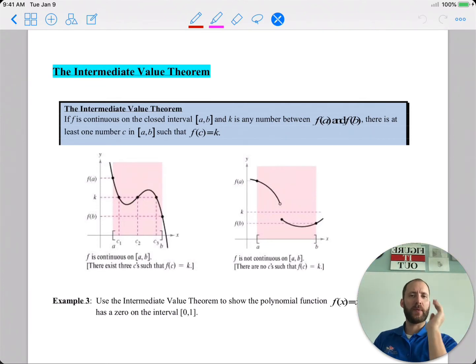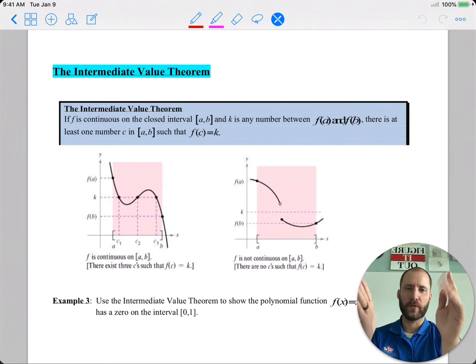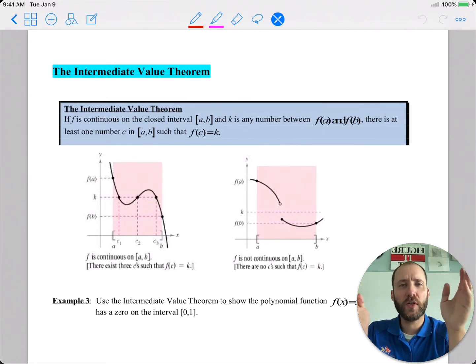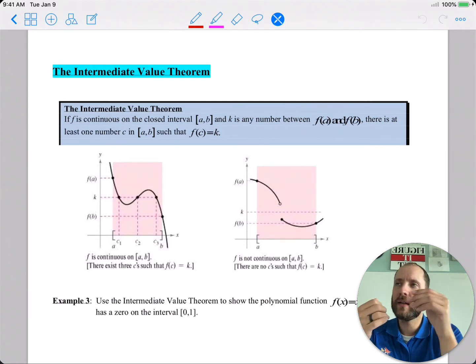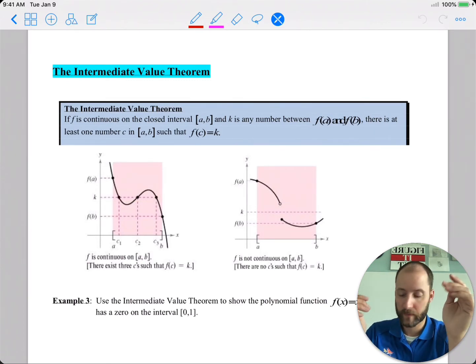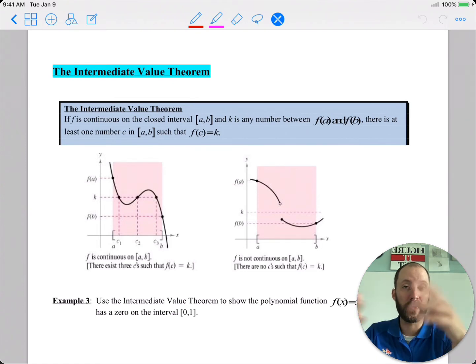So from the time you enter to the time you leave, 14 to 18. Now, I don't know exactly when it happened. I technically don't know how many times it happened. But I can guarantee at some point in there, you were 16 years old. That is the intermediate value theorem, alright? Kind of put simply.